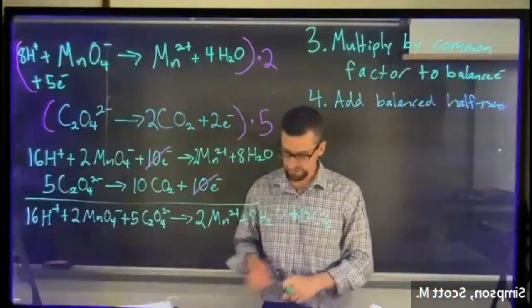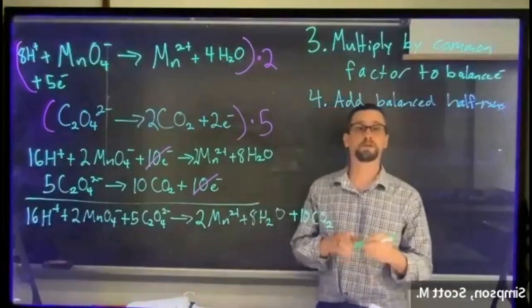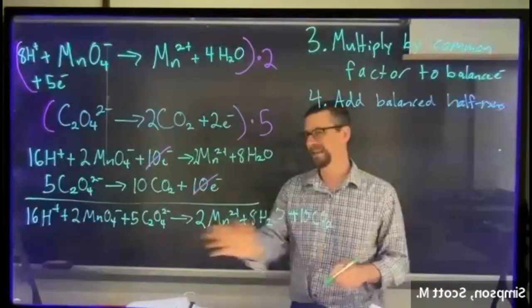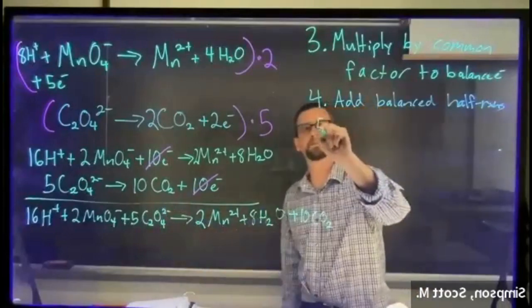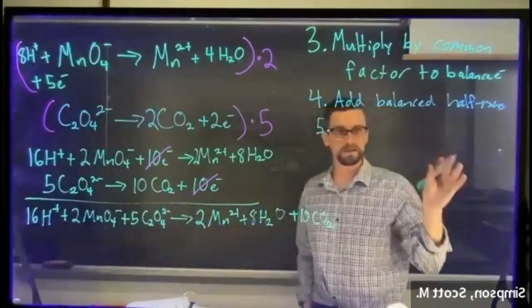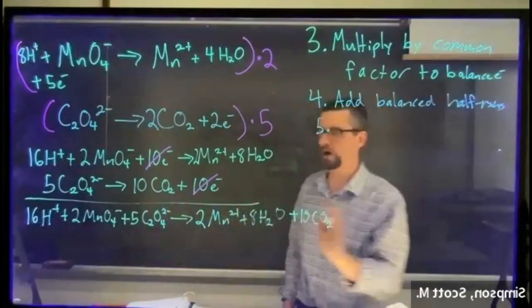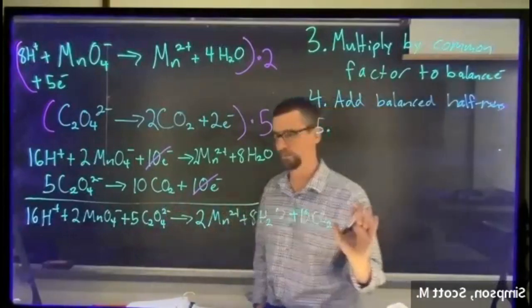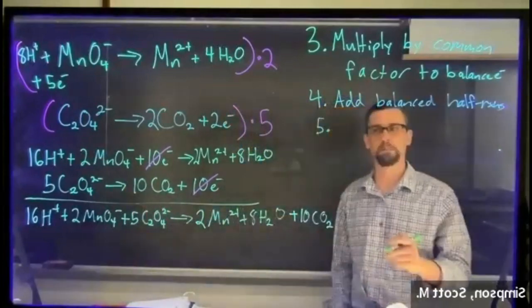Now, the next thing we need to do is make sure that we follow the law of conservation of mass and conservation of charge. We want to make sure the total charge on the product side matches that of the reactants, and we want to make sure we have the correct number of atoms.